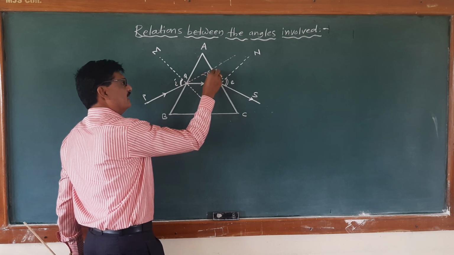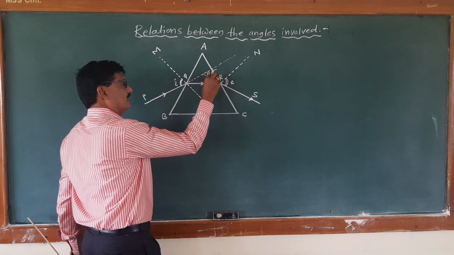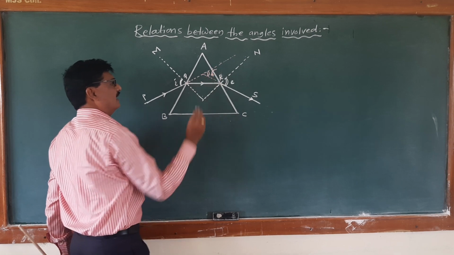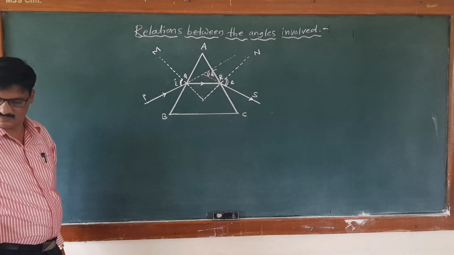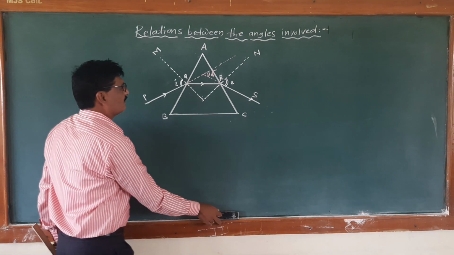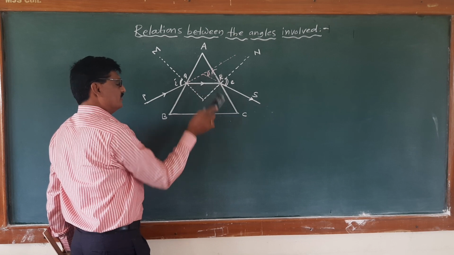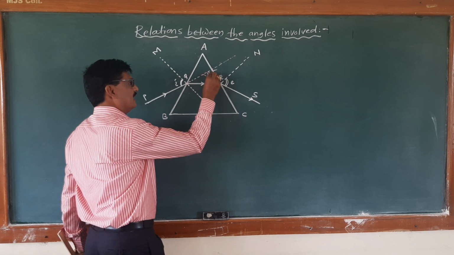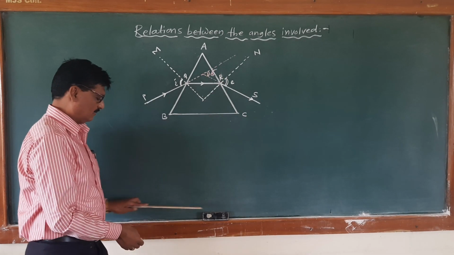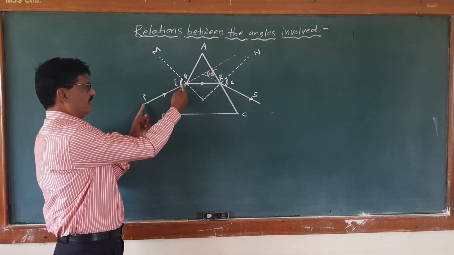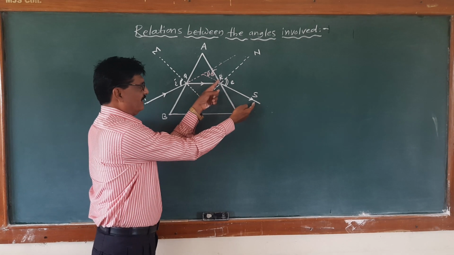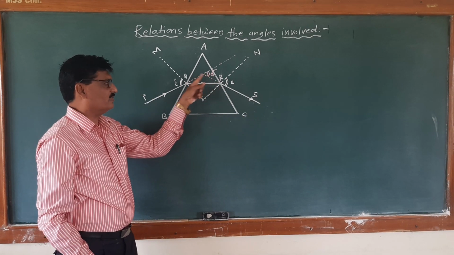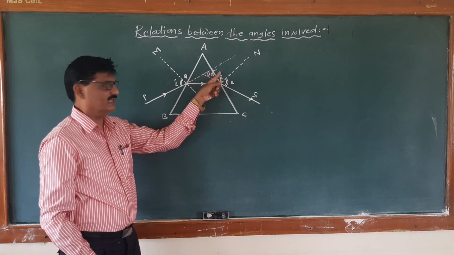I denote it by del. This del is called the angle of deviation. This means, in short, the angle produced by the incident ray PQ and emergent ray RS is called the angle of deviation.